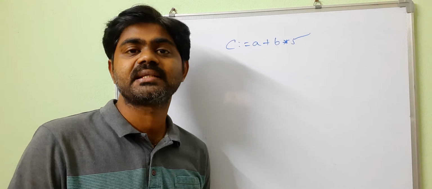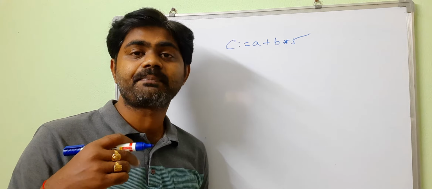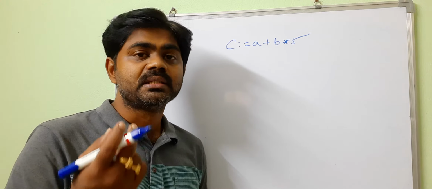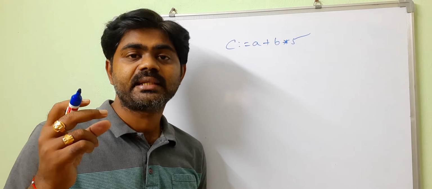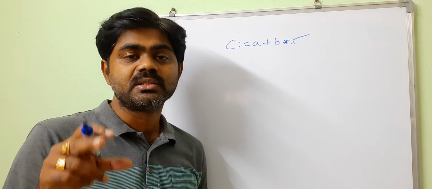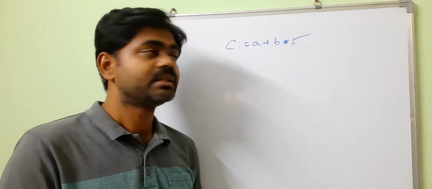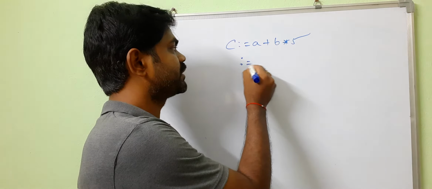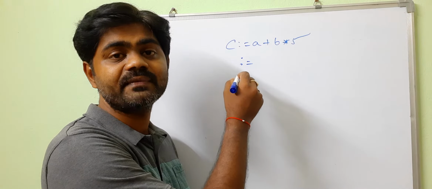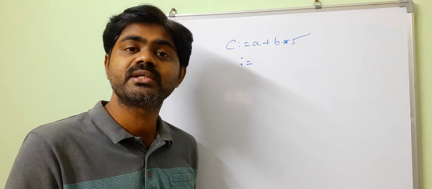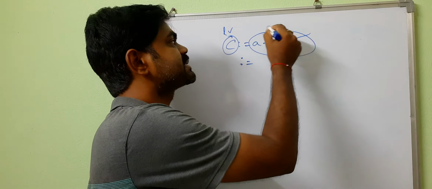Coming to syntax analysis, we need to construct a parse tree of it. Once it is divided into tokens, we construct a parse tree, which we can also call a syntax tree. Equal to occupies the root, divided into L value and R value, where L value is the left value and R value is the right value.